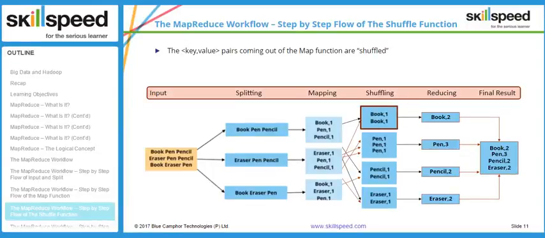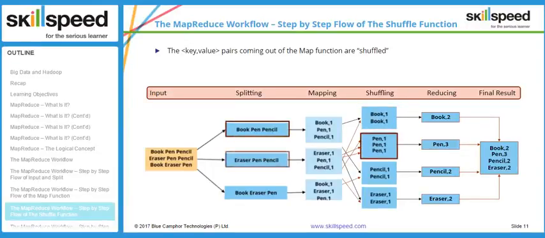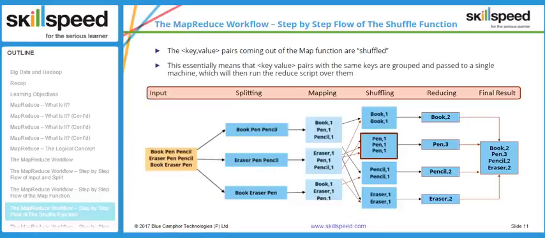In much the same way, the three values of pen, 1, pen, 1, pen, 1 from three different data nodes have been assembled in one place. So the shuffling phase basically combines all the values of a particular key from different data nodes and makes them available at one particular place.